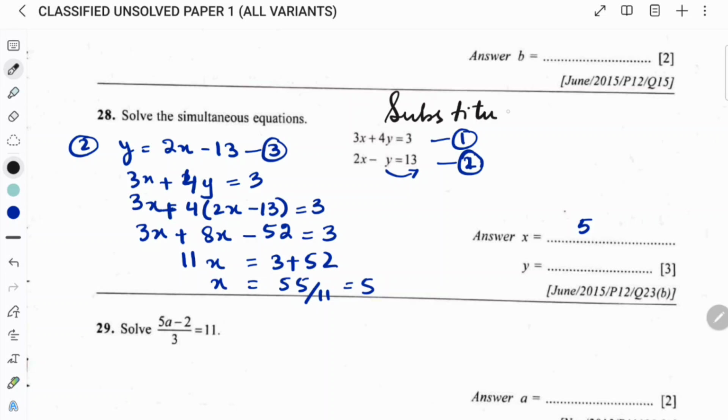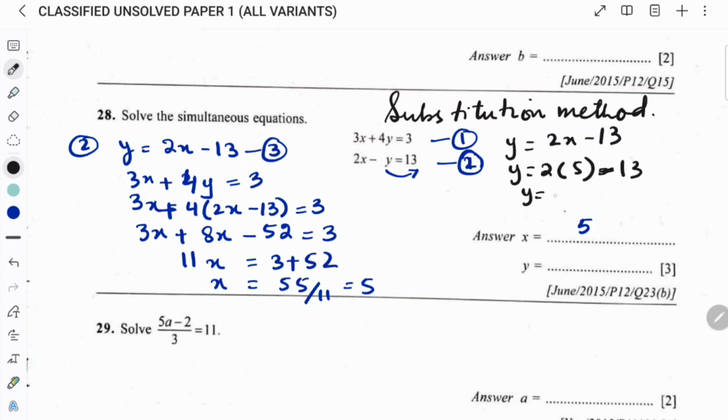So I'm substituting the value of x in the third equation to obtain y. y is equal to 2x minus 13, 2 times 5 minus 13, and that is 10 minus 13, which is minus 3, because 13 is the greater digit, so that is minus 3.